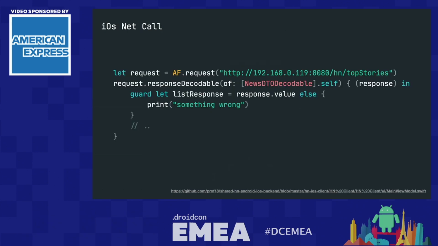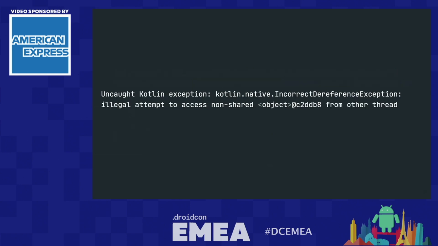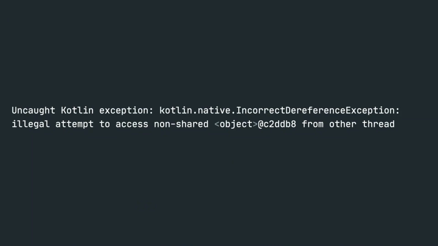All right, so finally, we can use our DTO to be deserialized in our network call. So we are all happy with run, and it spits right in our face a beautiful exception. This is an exception that you will see a lot on Kotlin Multiplatform if you are dealing with different threads.